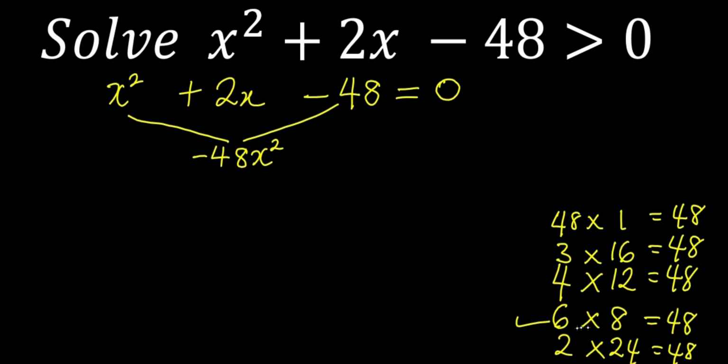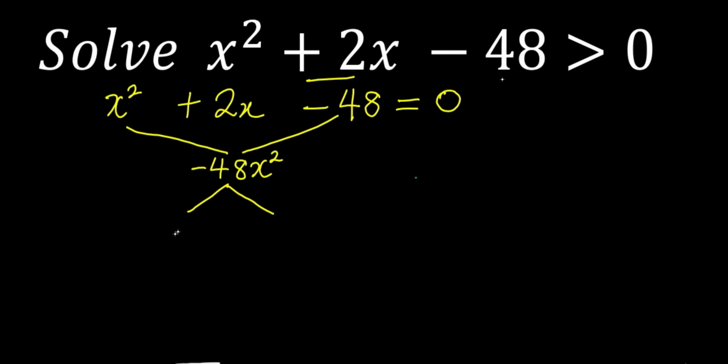We can see that if we subtract 6 and 8, it can give us the plus 2 we are having there. We have 6x there, and we have the 8x there.